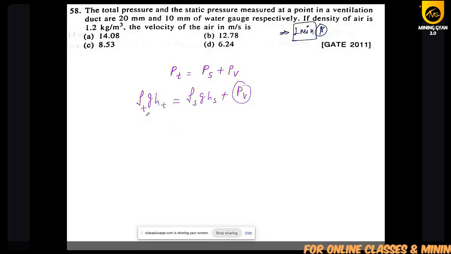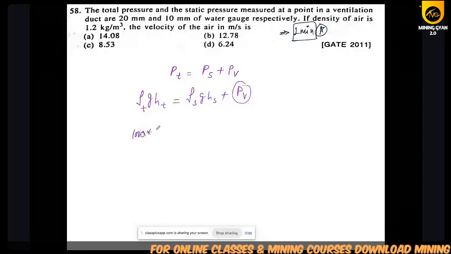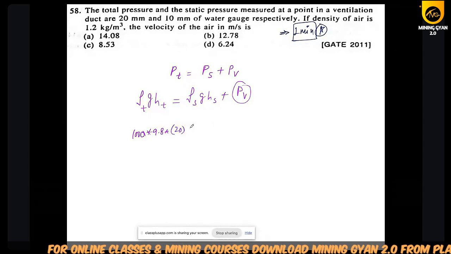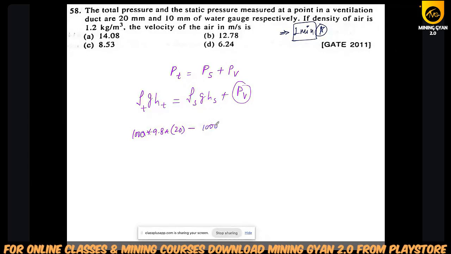Total P, total rho 1000, g is 9.8 and 20 mm, minus 1000 into 9.8 into 10. For mm, you can multiply 10 to power minus 3, 10 to power minus 3 is equal to P of velocity pressure. Now rest will be your calculation.